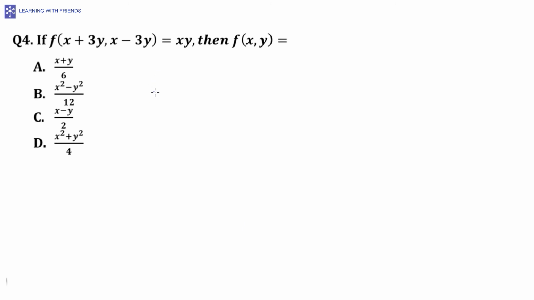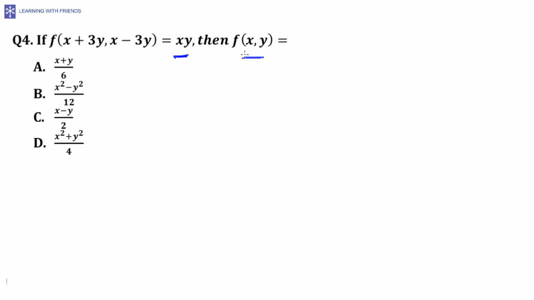Okay, the next question, question 4 says, if f of x plus 3y and x minus 3y, so this is a function defined in two terms, f of x plus 3y and x minus 3y is xy. That's what's given to us. Then what is f of xy?